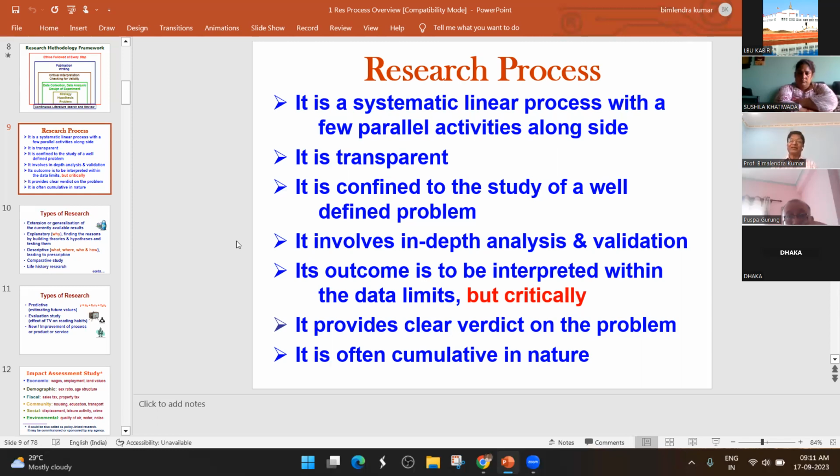Transparent means that whatever one is going to write, a research paper or the chapters of the dissertation or thesis, it must be referenced by original sources as well as secondary sources. There must not be any abrupt statement. It must be cited.